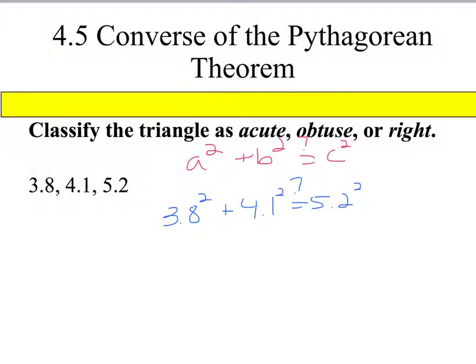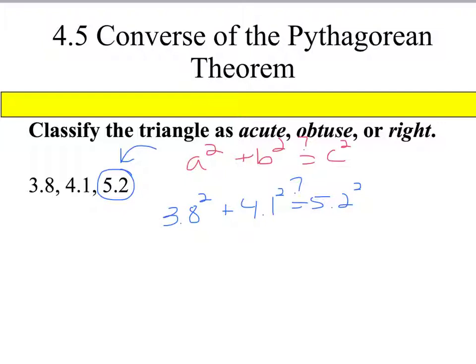Notice, I forgot to mention this earlier, your largest side length, that's always c squared. Your two shortest ones are going to be your a and b, doesn't matter which is which, but your c is always the longest side. And that's how you figure it out. You need to make sure the longest side is always your c.